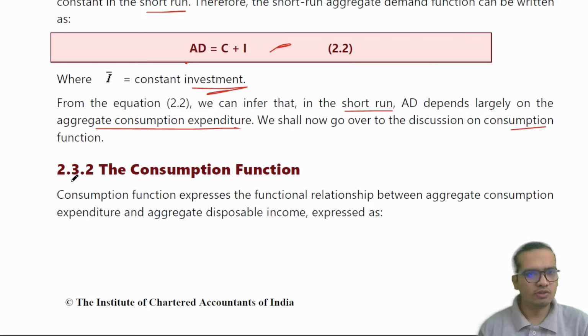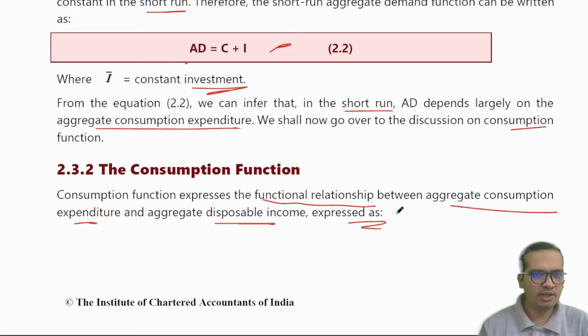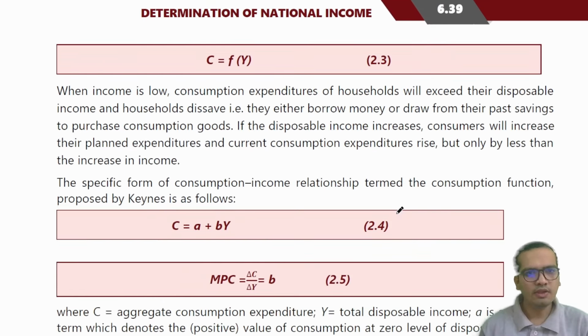The consumption function expresses the functional relationship between aggregate consumption expenditure and aggregate disposable income. Mark this: consumption expenditure, disposable income, which is expressed as C is a function of Y. When income is low, consumption expenditure of household will exceed their disposable income, and household will dissave.